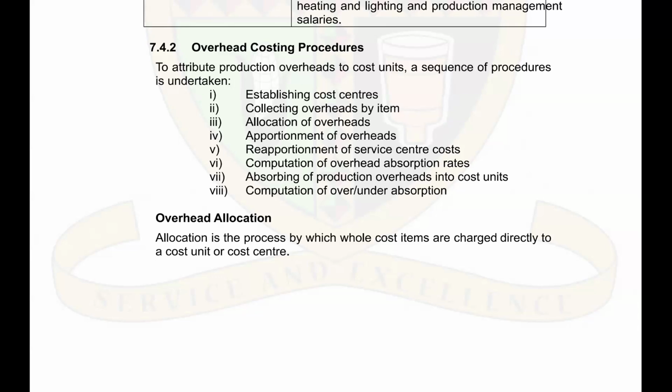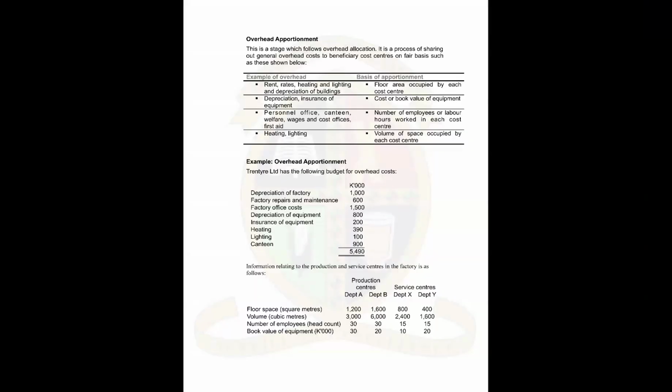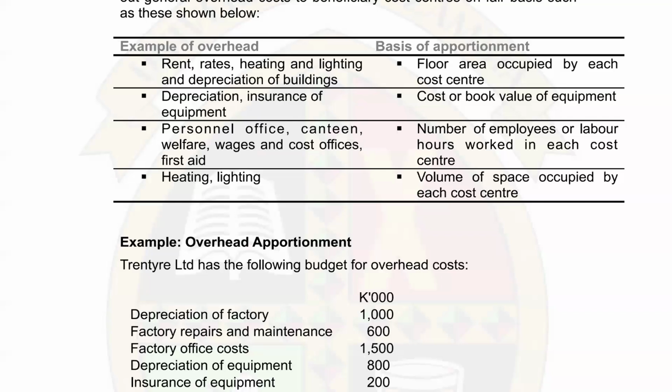I'll give you a practical example, don't worry, very soon. Just follow nicely. Then there is also apportionment. The cost has been allocated, then it needs to be apportioned. Apportioning is basically a process of sharing out the general overhead costs to beneficial cost centers on a fair basis, such as follows. I'll explain again.